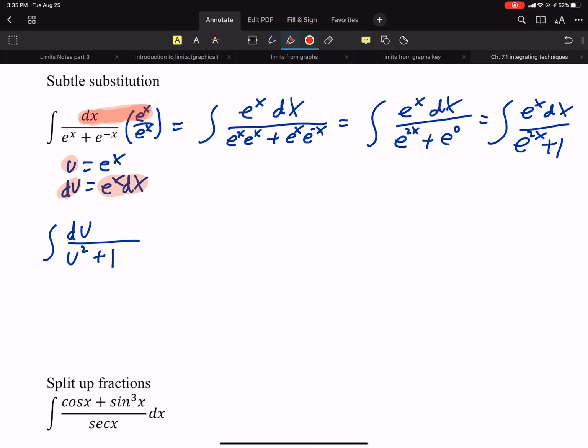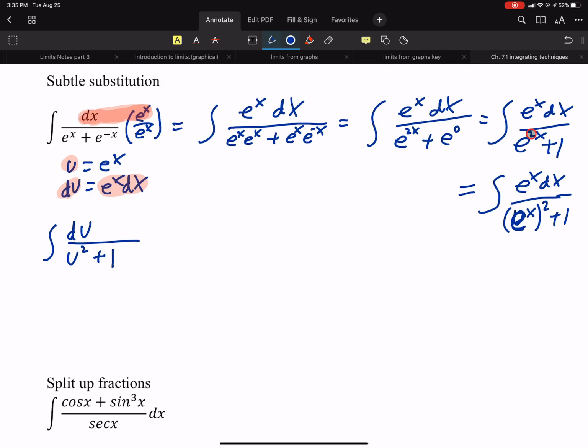So that's what's happening. If you don't realize what happened here, using basic rules of algebra, this is e to the x squared plus 1, because when you have an exponent raised to an exponent, you multiply.